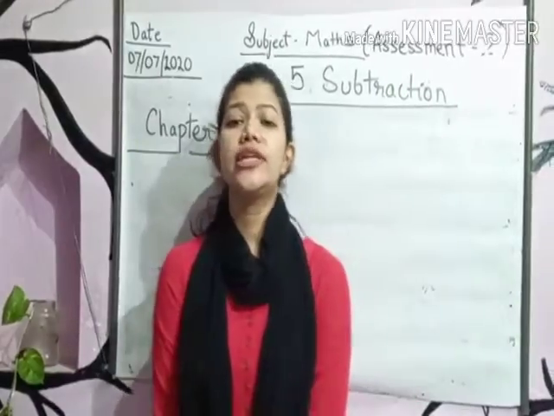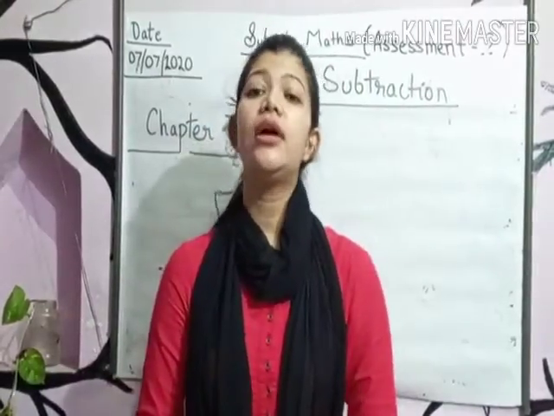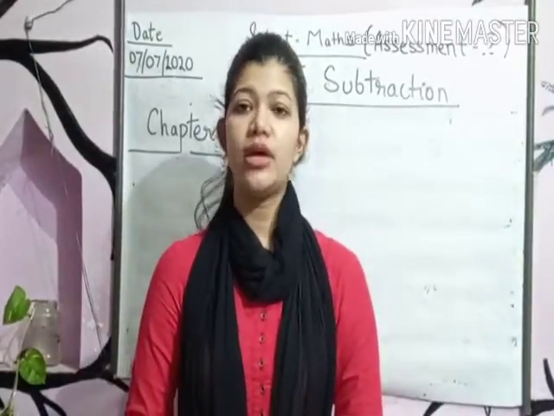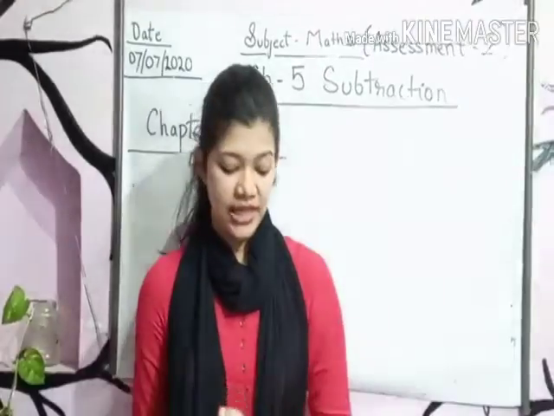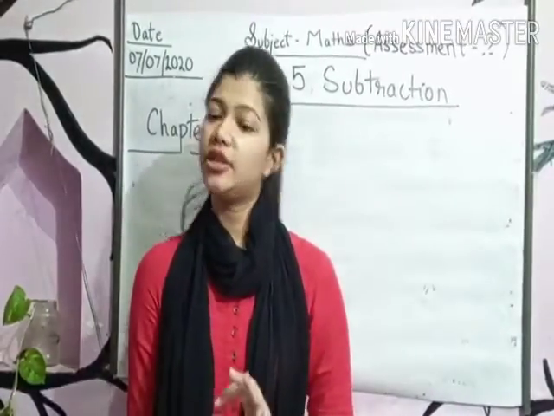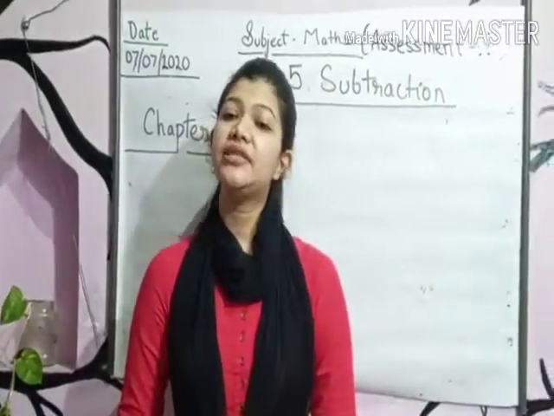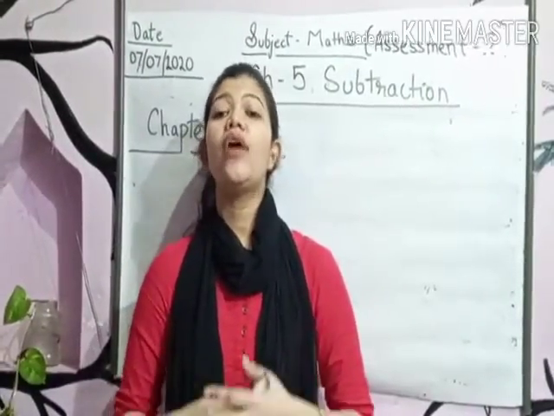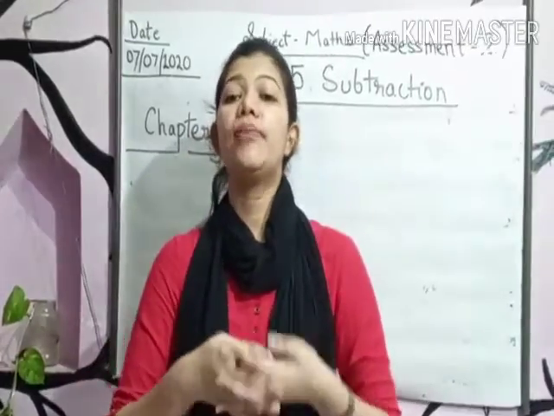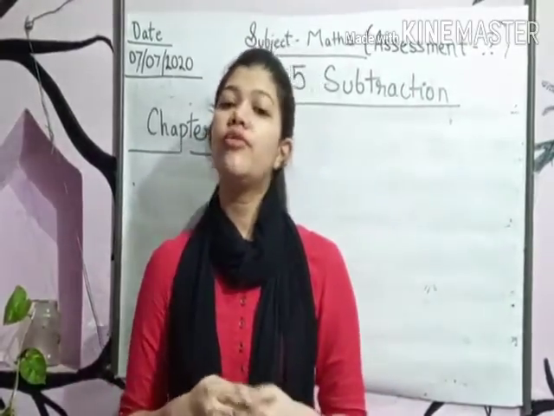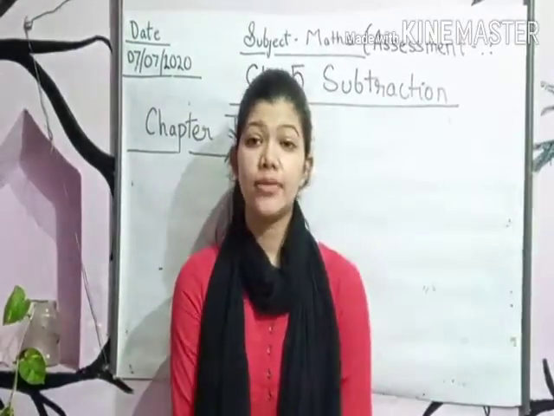Now students, we know the total number of saplings Chetna bought from the market, and we also know how many she has planted: 397 saplings. Now you have to tell how many saplings are yet left to be planted. So you will find the difference. Clear? Now let's come to the next question.